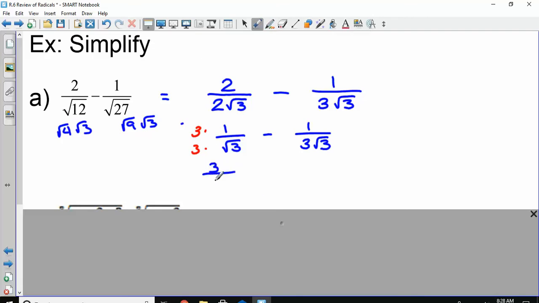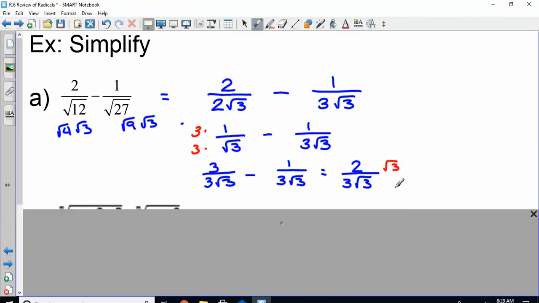That gives me 3 over 3 radical 3 minus 1 over 3 radical 3. Since the denominators are the same, we can put them together. Subtract the numerators. 3 minus 1 is just 2. Now, to get the radical off the bottom, what do we have to multiply by?